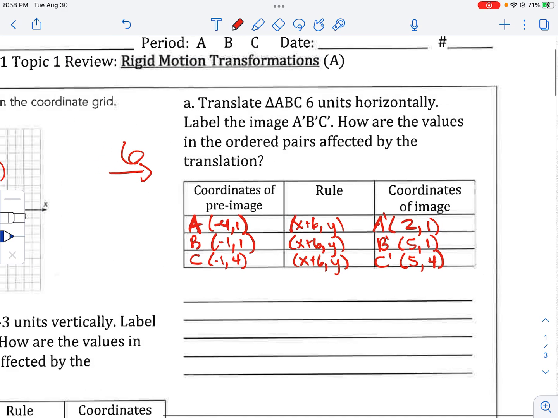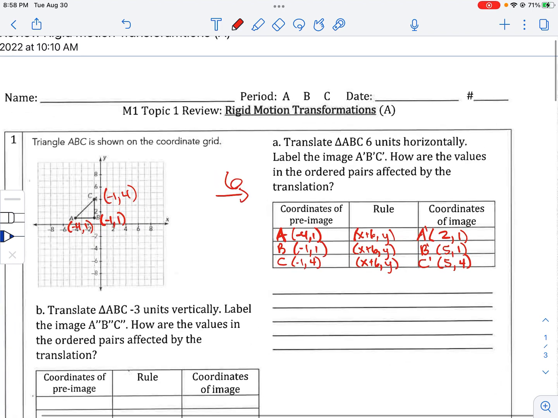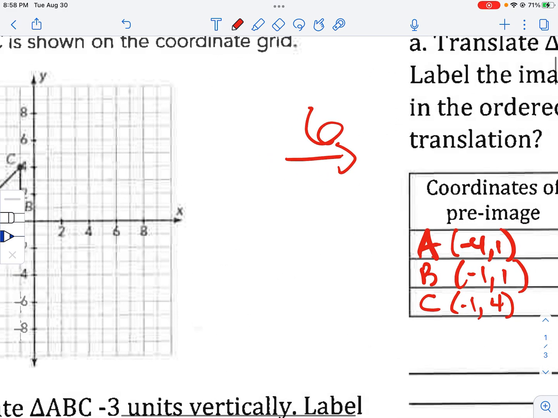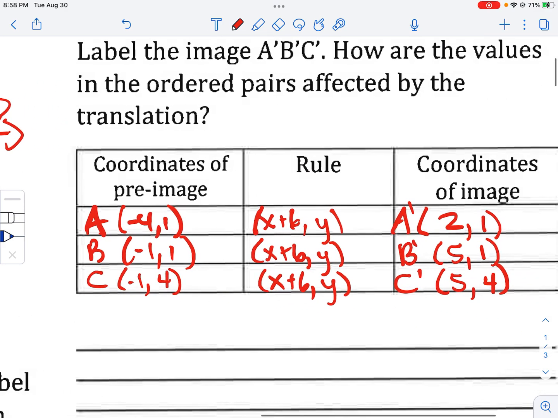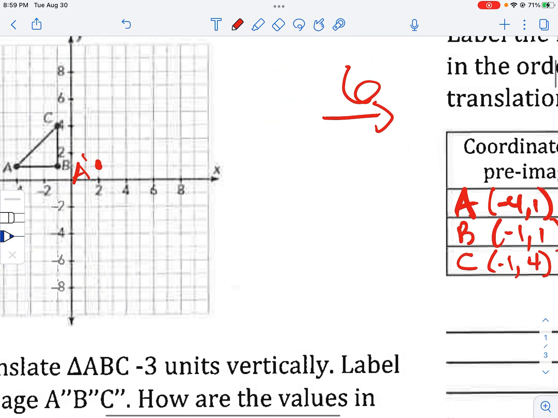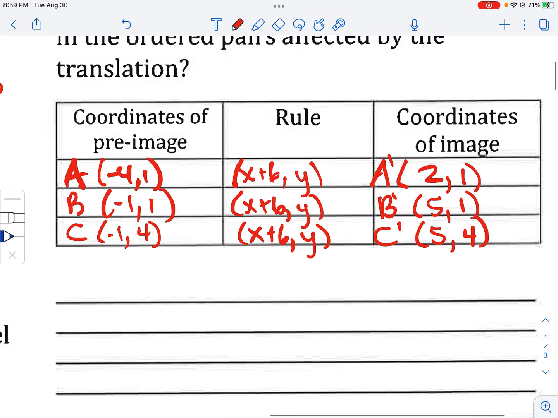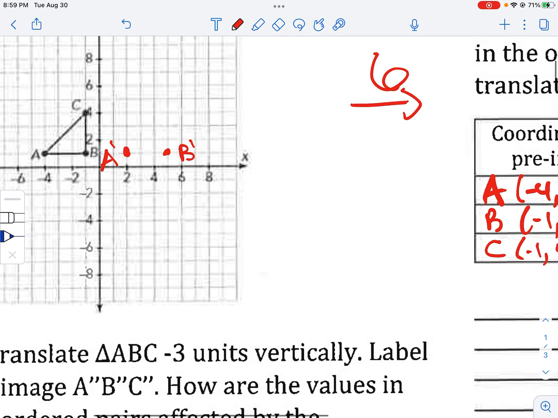So then I'm actually going to erase these points right here, and I'm going to plot these. So 2, 1. So this is A prime. 5, 1 is B prime. And 5, 4 is C prime.